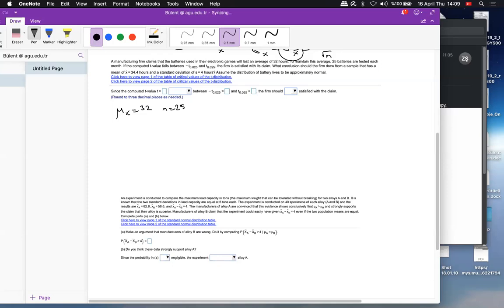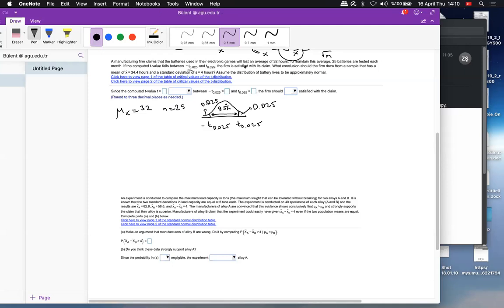If the computed T value is between minus, if you remember, T 0.025, the area under this is 0.025, the area here will be again 0.025, right? We know these. So what is left, 95%, will be in between these two values, right? So this is being asked.